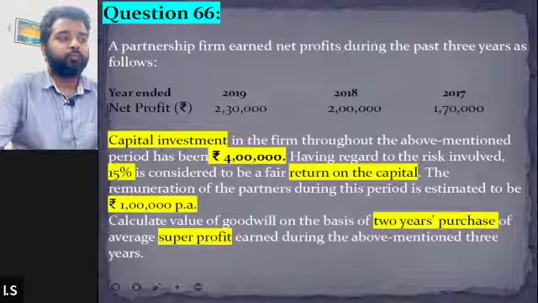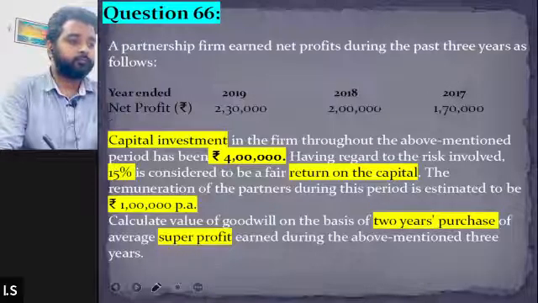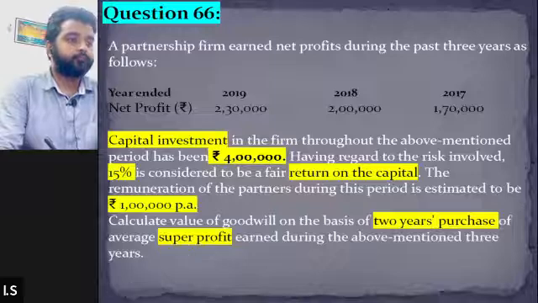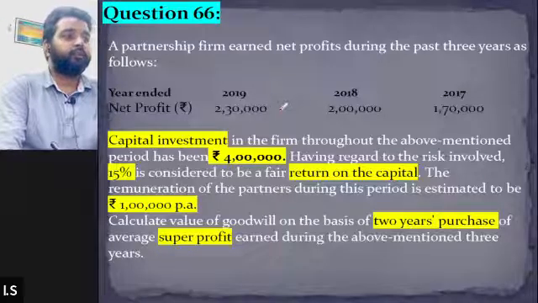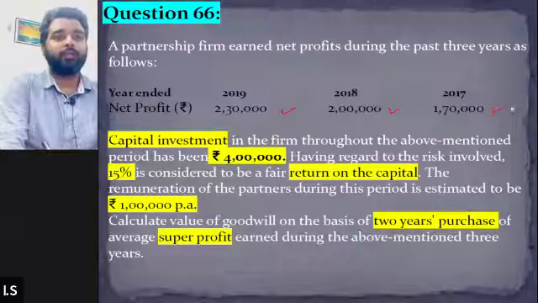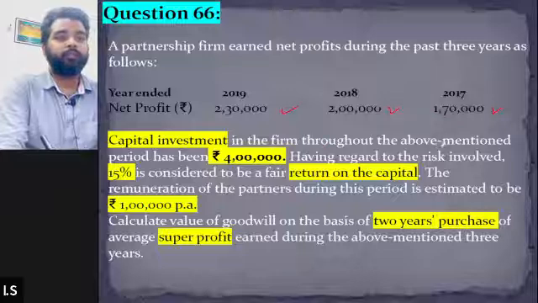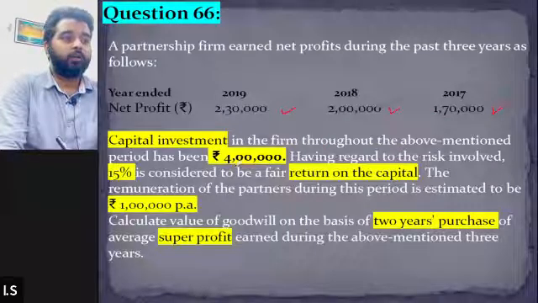Profit in the year 2019 was 2,30,000. Then in the year 2018 it was 2 lakh. Then it is 1,70,000. Capital investment in the firm throughout the above mentioned years is 4 lakh.